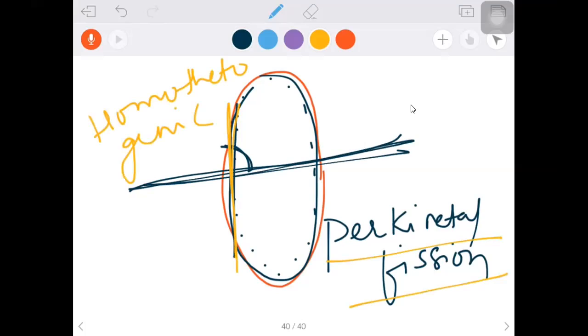As I already said to you, transverse binary fission of paramecium and longitudinal binary fission of euglena are very, very important for the intermediate public examination. For NEET, if you remember the concepts of binary fission, that's enough.